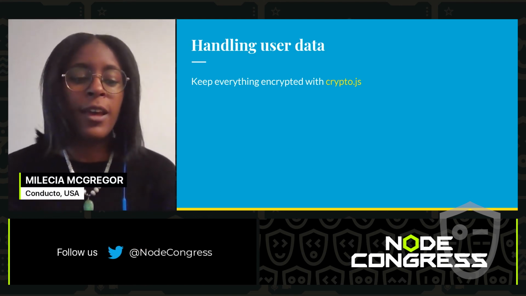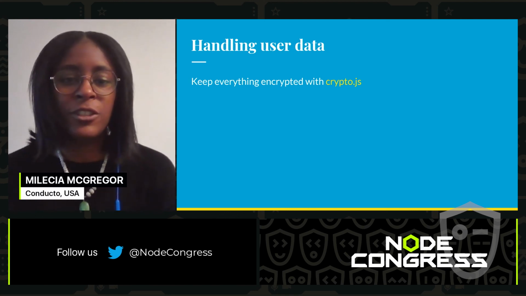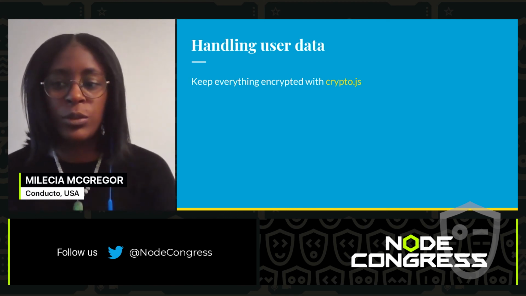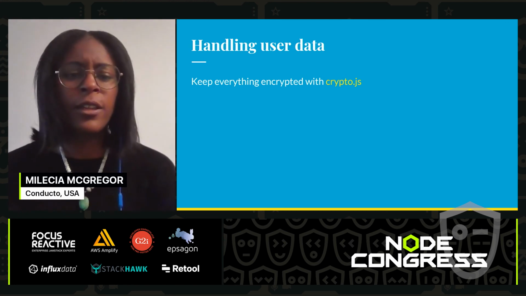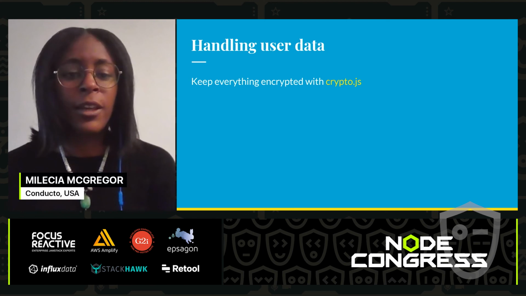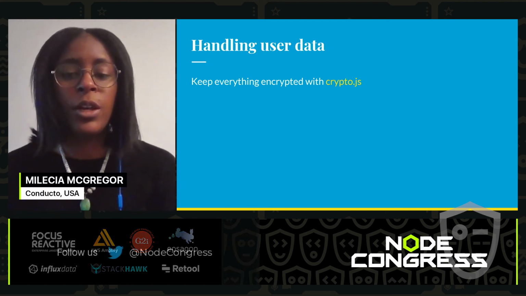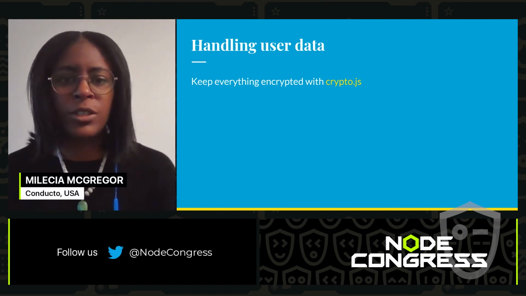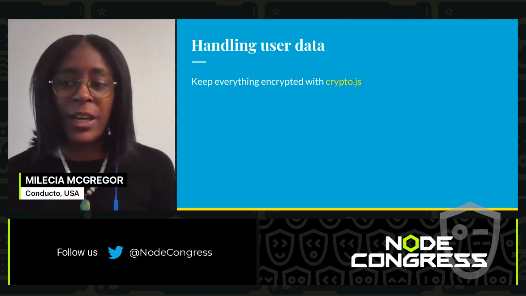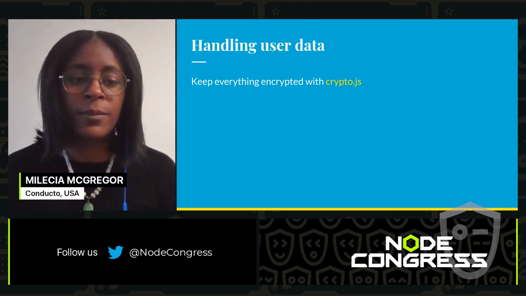And that means if they intercept that, then they have access to whatever data we were sending or receiving. We don't want them to be able to easily see that. And that is why we encrypt things. Even if they do get the request or the response, it doesn't matter. It'll be encrypted, so they won't be able to do anything with it.